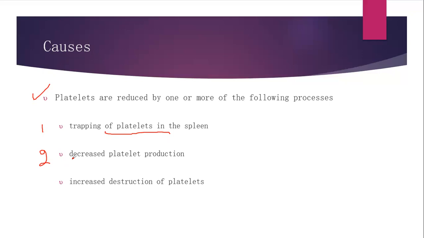The second reason is the decreased production of platelets, and the third reason is the increased destruction of platelets due to some autoimmune diseases or due to some medicines. The platelet is destroyed, and due to that, the circulation of platelets in the bloodstream is decreased. So these are the three main reasons for thrombocytopenia. Now I will discuss each and every one individually in slight detail.